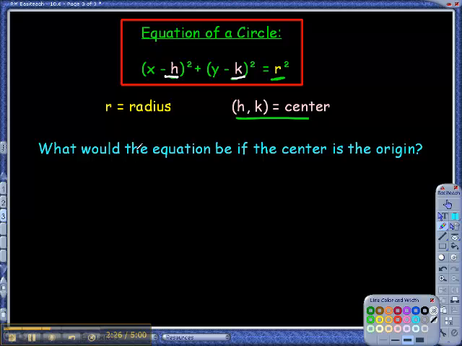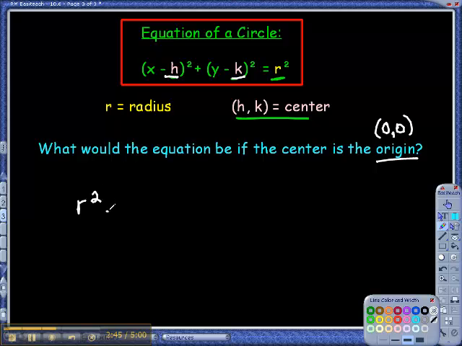The first question I have up here is: what would the equation be if the center is the origin? If the center was at 0, 0, what would the equation of our circle look like? We're leaving it in terms of r squared, since we don't know the radius here.